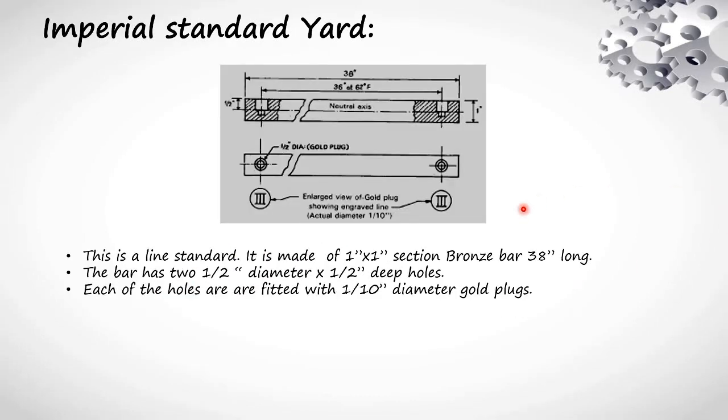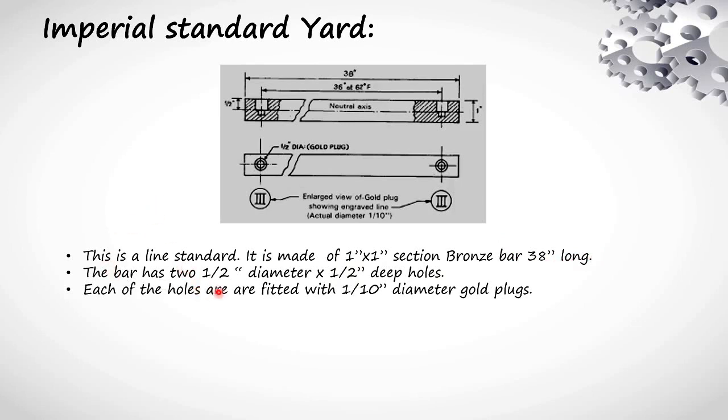Another type of standard of measurement is the Imperial Standard Yard. It is also a line standard. It is made of a 1 inch by 1 inch section bronze bar, 38 inches long.